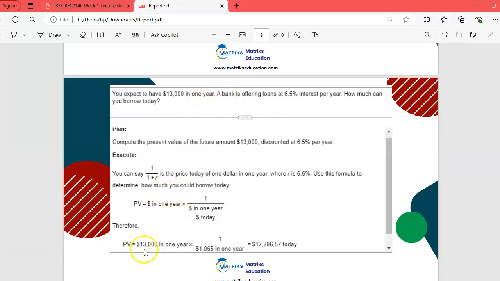So $13,000 next year divided by 1 plus 6.5%, or 1.065, equals $12,206.57 today. This is the amount of money that you can borrow from the bank, and you need to pay $13,000 in the next year.